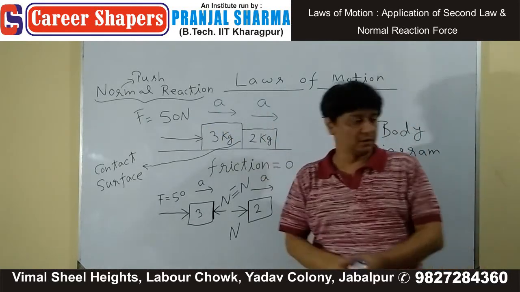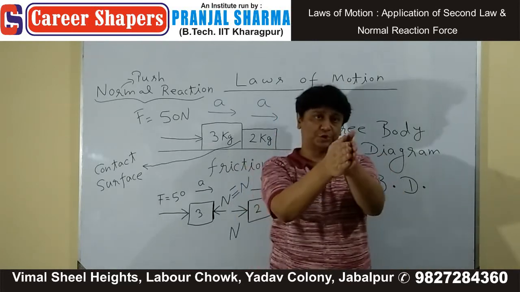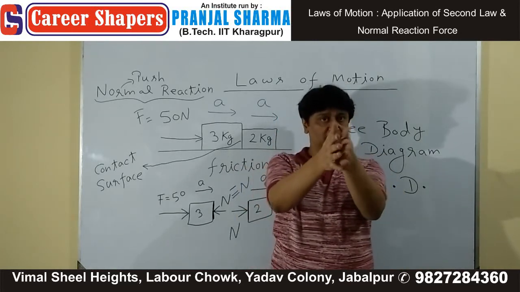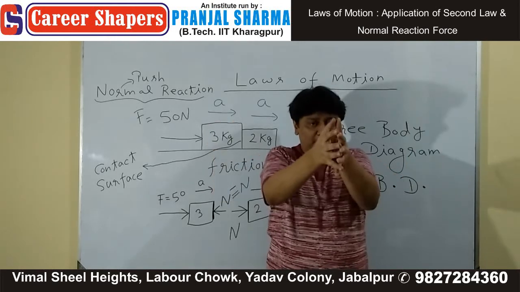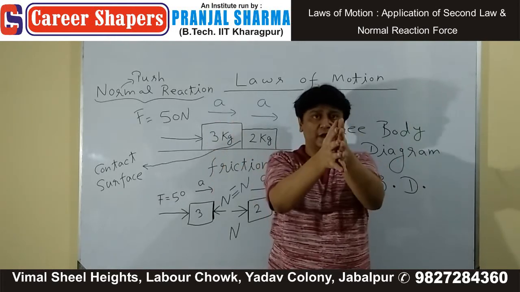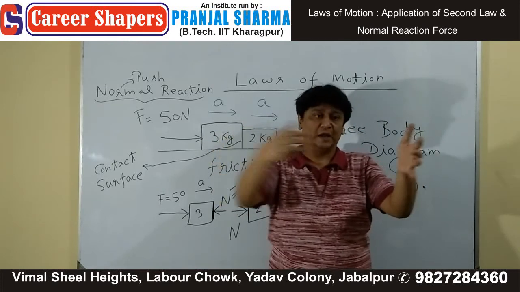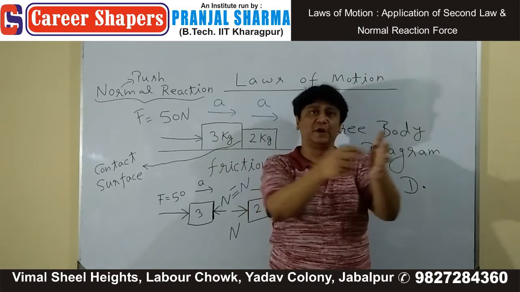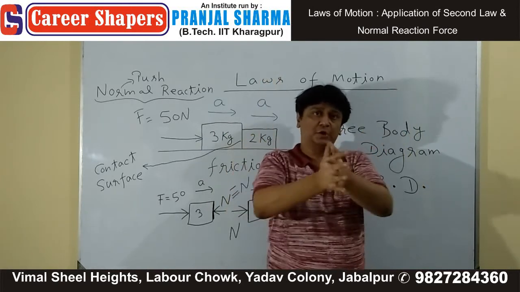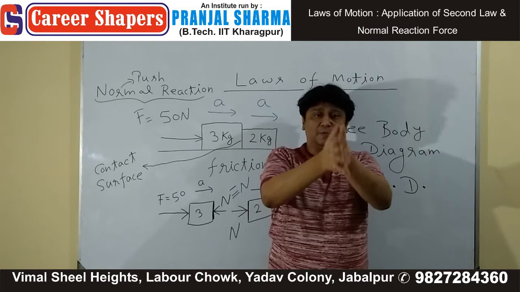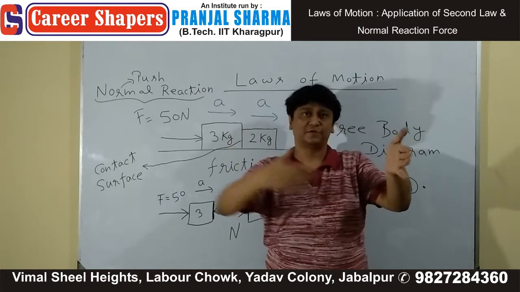Normal reaction हमेशा क्या करेगा, एक दूसरे को पुश as long as they are in contact. क्योंकि अगर पुल करेगा, if it's a pulling force, you can see two bodies, they cannot pull each other if nothing is connected between two bodies. These two hands, they can easily push, but the moment I try to pull, there is nothing left.